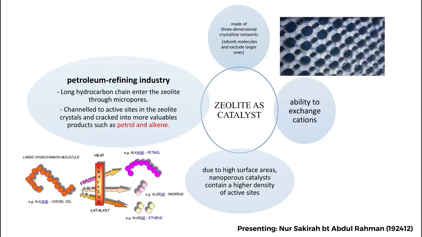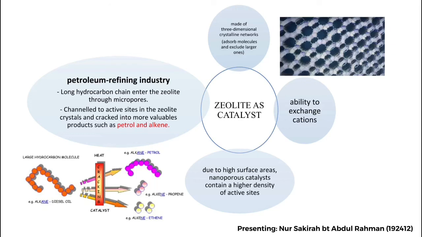The most common industry that uses zeolite as a catalyst, and I'm going to put one example here, is the petroleum refining industry. Generally, how zeolite works is that a long hydrocarbon molecule will enter the zeolite through the micropores, and once the large hydrocarbon molecule is inside the zeolite, it will channel with the active sites inside the zeolite.